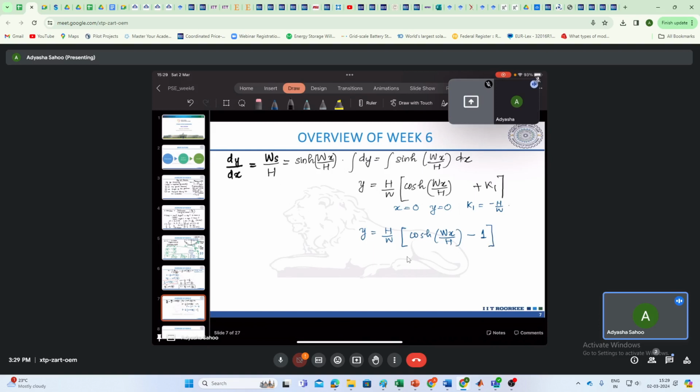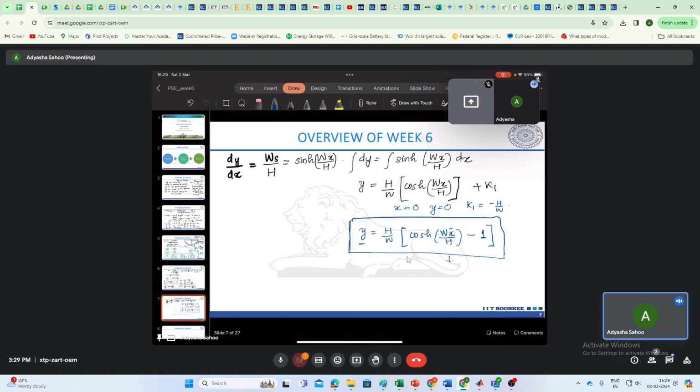Taking h by w common, finally this is your curve equation, that is y in terms of x.